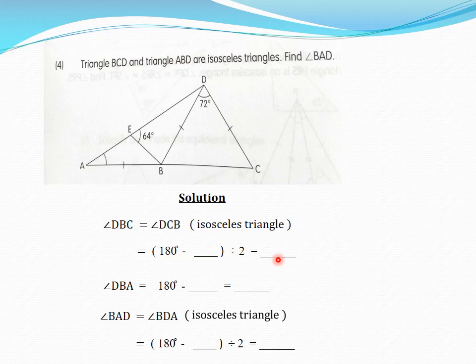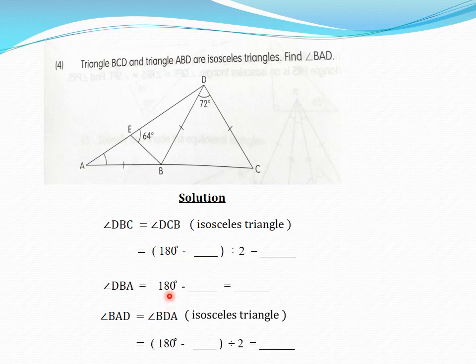If you know angle B already, next we need to find one more step, angle DBA. How do we do it? If we know angle B, the first step, if you want to find the other part of angle B, we just think about angles on a straight line, right?